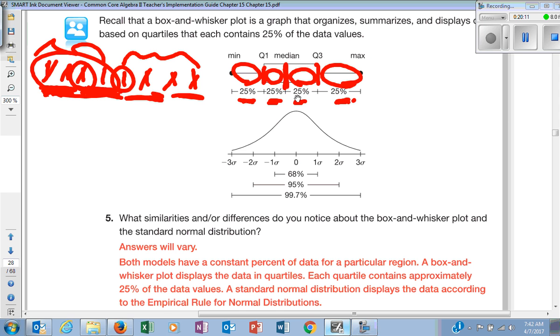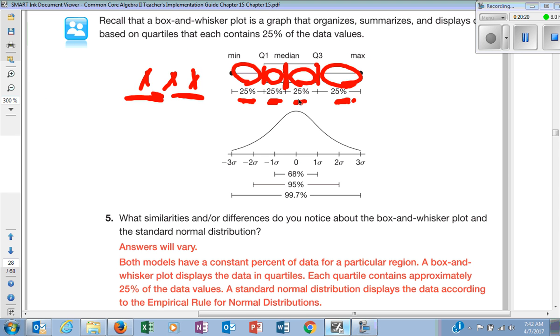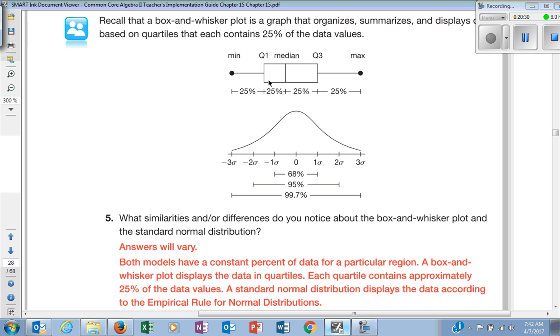Okay, so it's just another way of representing data. The problem asks you about this, which is something you probably did in pre-algebra.